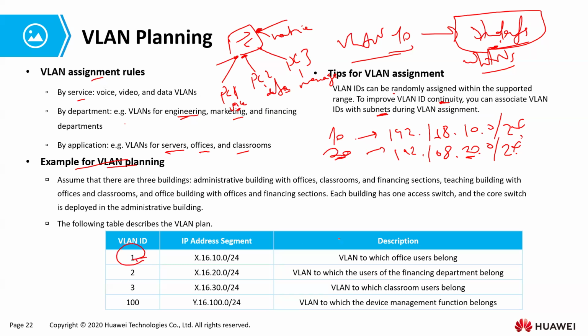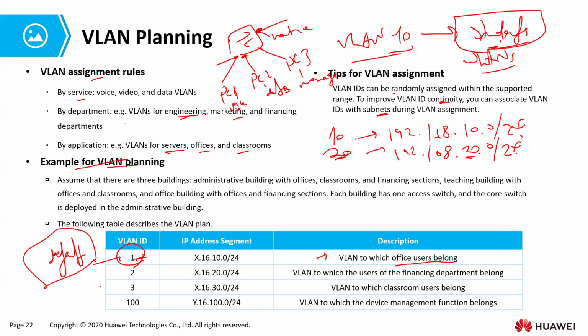VLAN 1 is assigned to office users, the VLAN to which office users belong. I'm not so sure with Huawei as a vendor. How is it a recommendation that VLAN 1 is used to assign my devices? By default, this is our default VLAN.